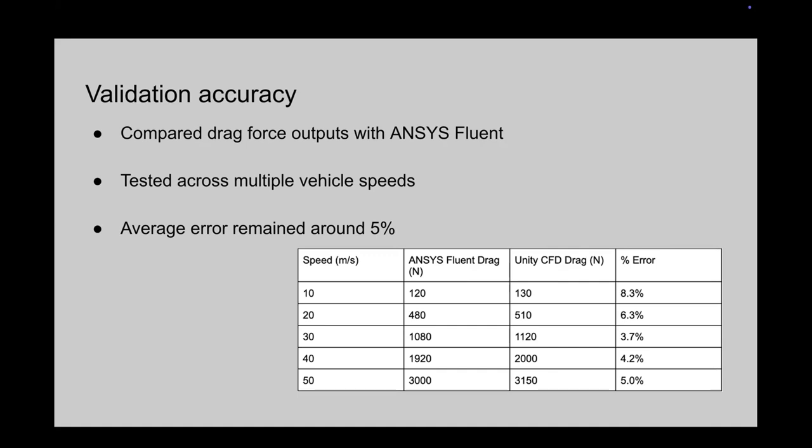So even though the platform is simpler than the professional CFD software, it can still produce reasonably accurate aerodynamic estimations while maintaining real-time performance. I can say that this creates a balance between accessibility, speed, and accuracy.